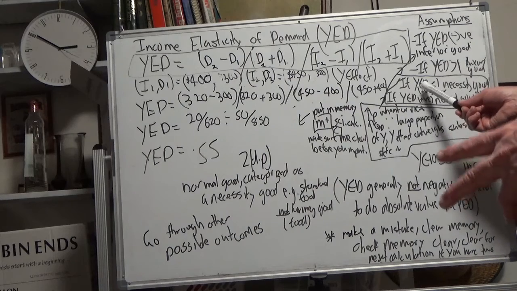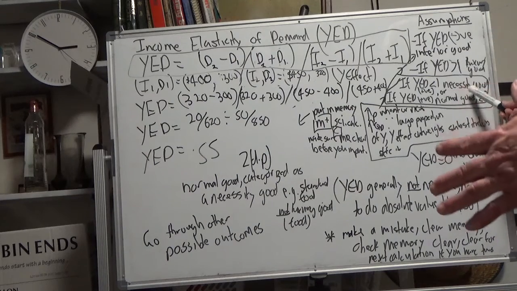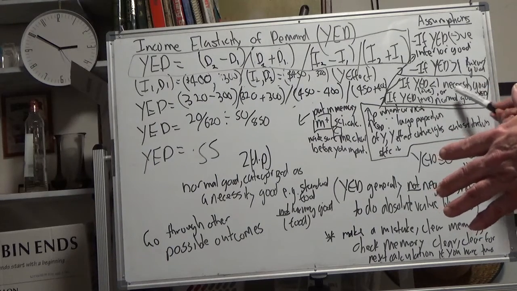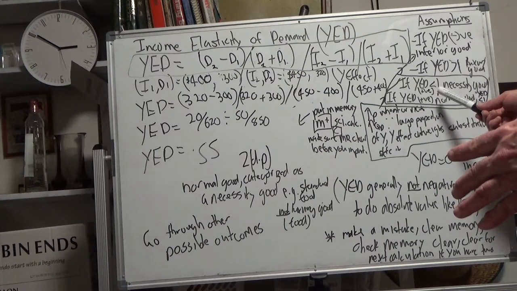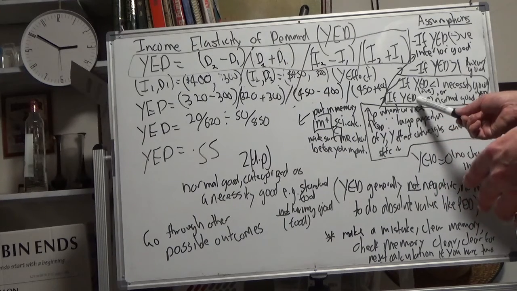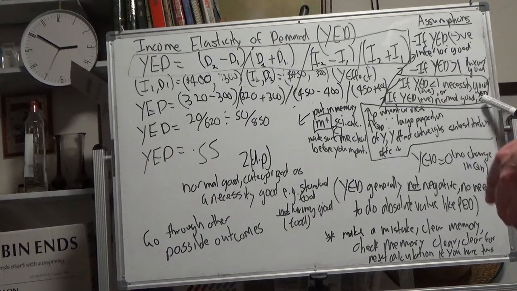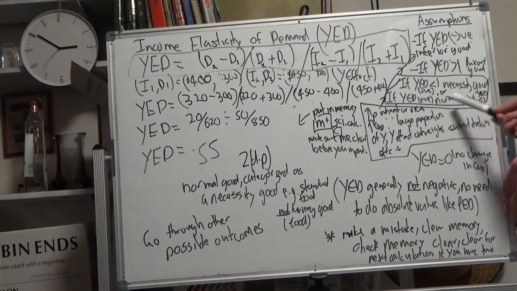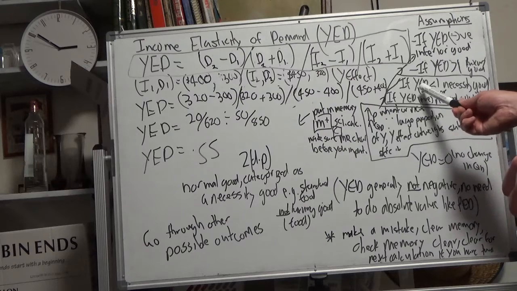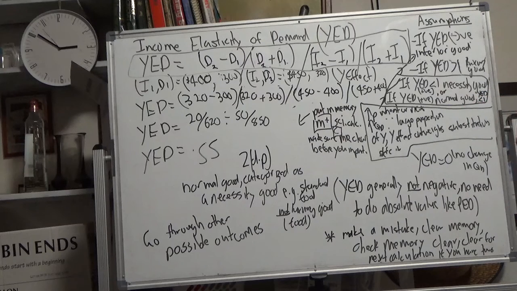If income elasticity of demand is less than 1, it's a necessary good. But if it's positive, it's a normal good. So it's necessary if it's less than 1, but if it's positive and greater than 1, it's a normal good. So both necessary goods and normal goods are normal goods, but not all normal goods are necessary goods, because that coefficient is less than 1. Okay, good.